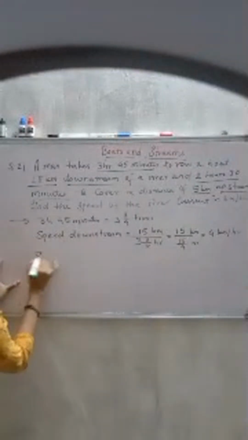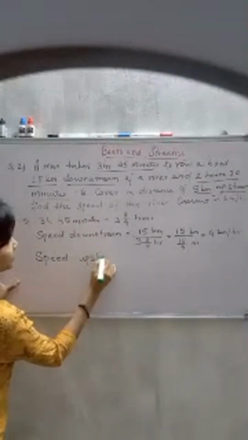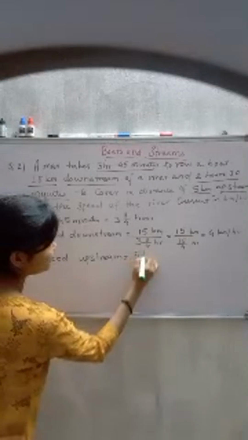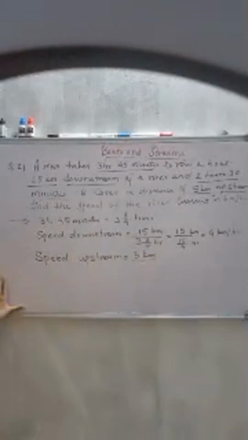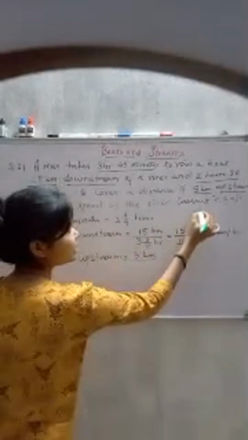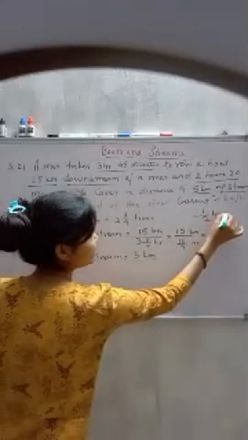Now 2 hour 30 minutes to cover a distance of 5 kilometer upstream. From this we will calculate speed upstream. Speed is always distance upon time. Distance travelled is 5 kilometer and the time is 2 hour 30 minutes. 2 hour 30 minutes is same as 2 and half of an hour.